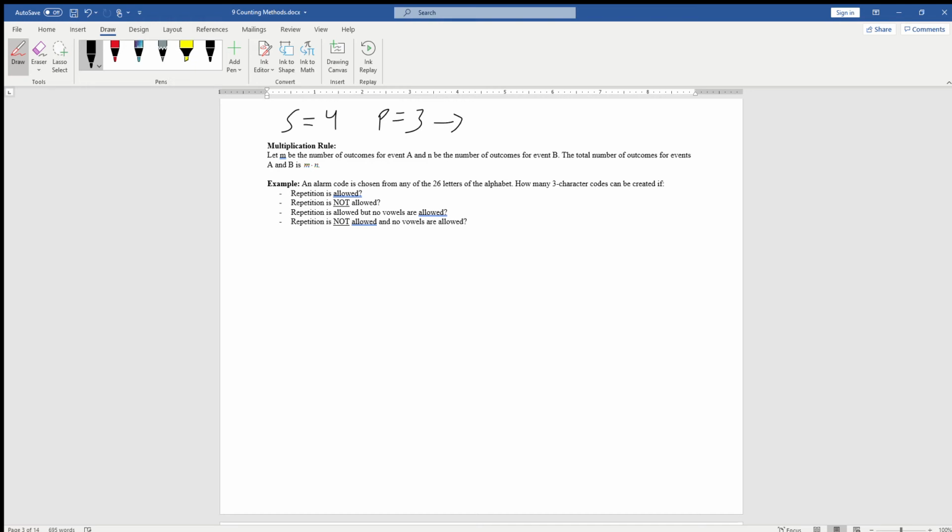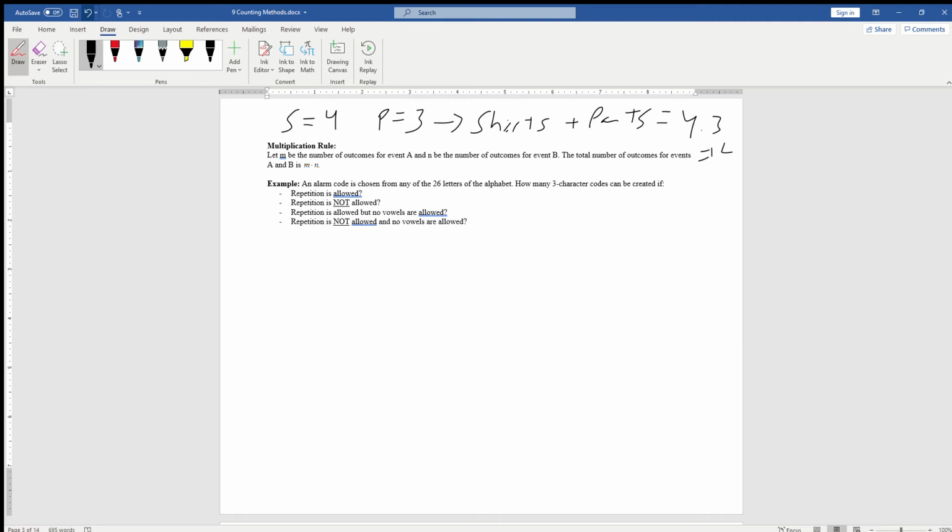Well, the total number of wardrobes that you could get, the total number of shirts and pants, would be 4 times 3, which is 12. Right? So that's probably the easiest example that I can think of to illustrate the multiplication rule and when we could use it.